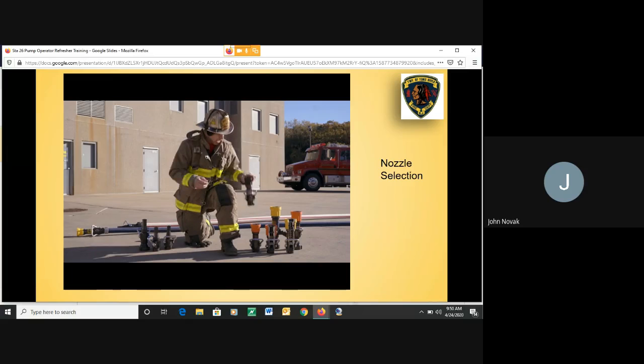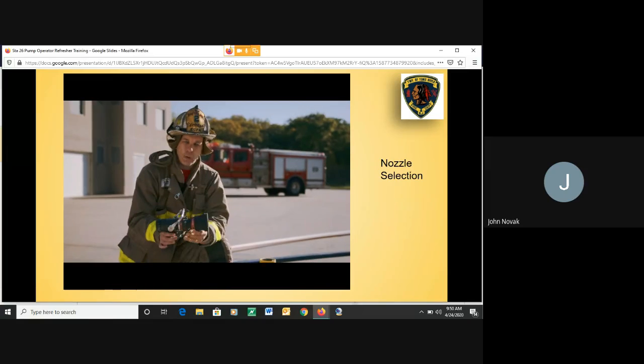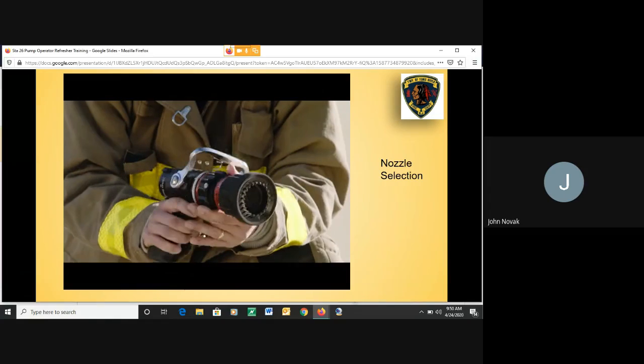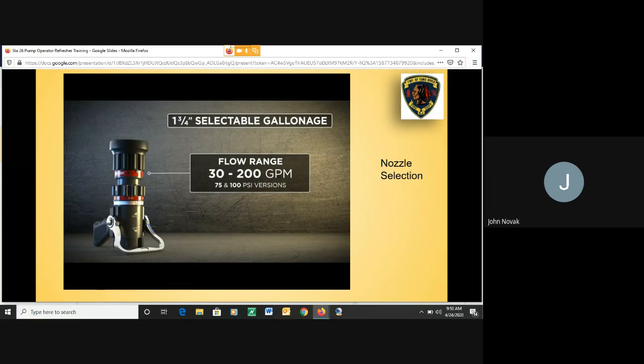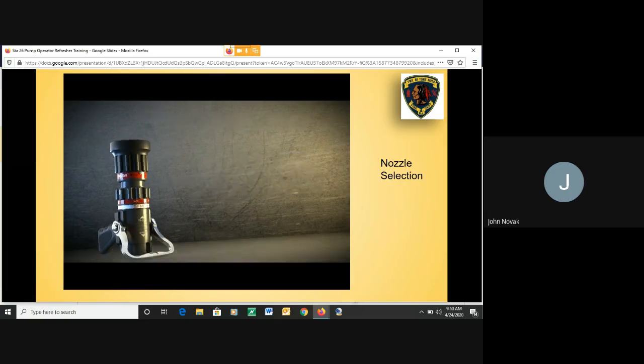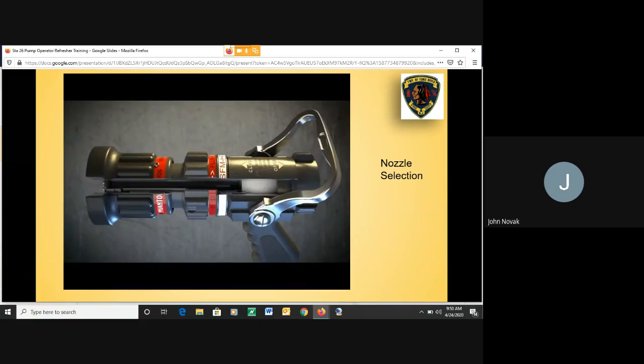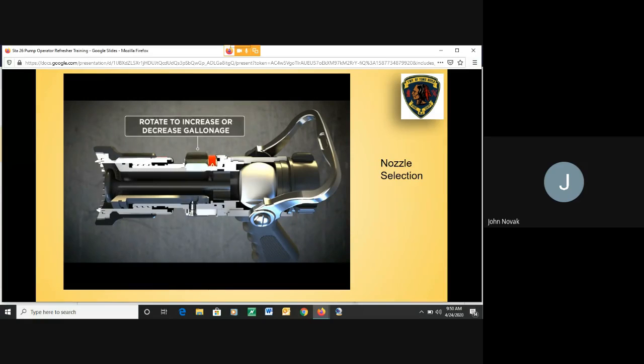So moving on to the other nozzle would be a selecto gallonage nozzle. This one here has a range from 30 to 200. So once again, it too does not manufacture water. None of these nozzles manufacture water. It requires an understanding of what the pump discharge pressure will give, based on the length of hose, when it comes out the end of the nozzle.